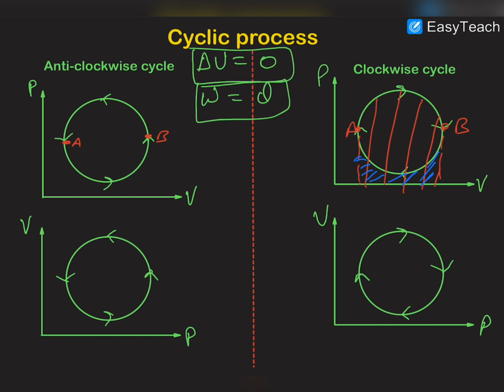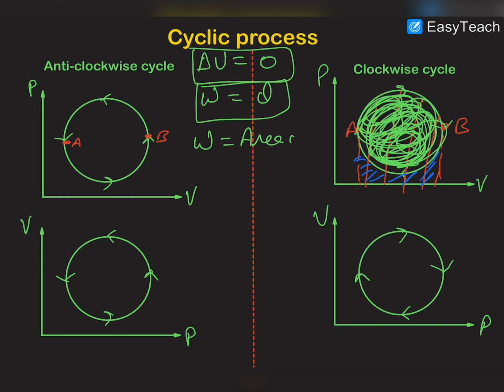So the net work done will be the red area, this complete area, minus this blue area, which is obviously the area bounded inside the cycle, this area. So work done in a cyclic process is the area bounded in the cycle. So work done in a cyclic process is the area of the cycle.